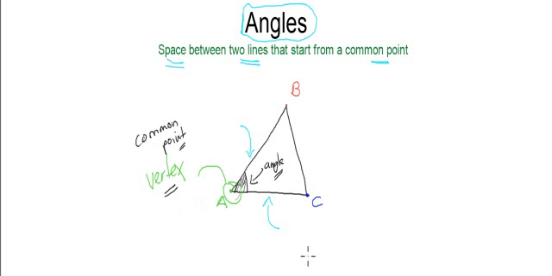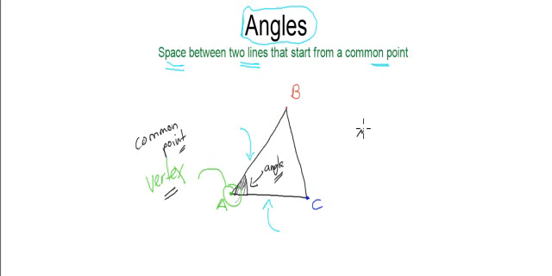Now you need to also be able to know how to actually name an angle. So in this case, how will we name this angle right there? But first, if you name angles, you often have the angle sign, which would be this sign right here. That's the angle sign. Now you need to remember that the vertex that it starts from, so the angle is right here and it's next to vertex A, will be in the middle.